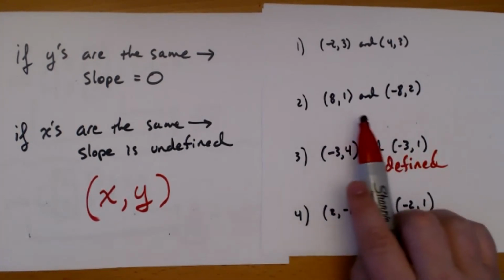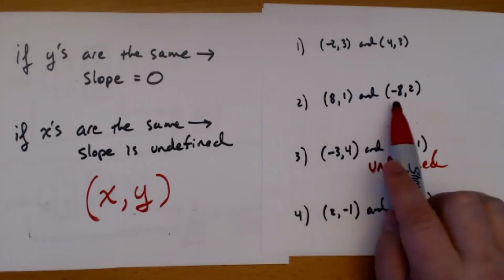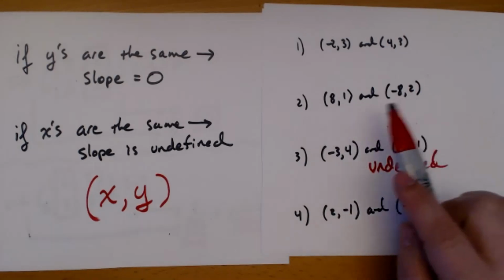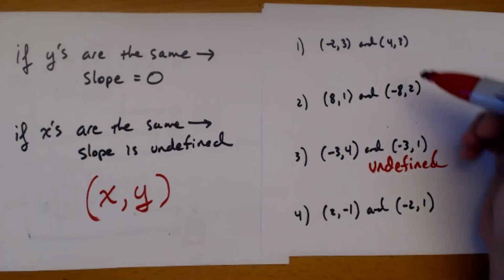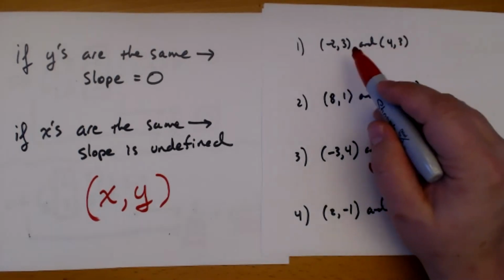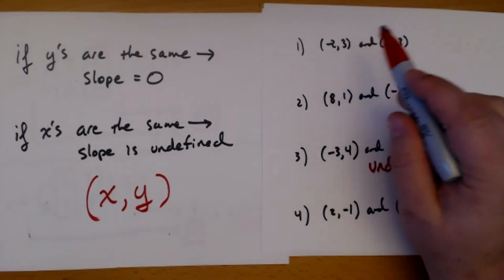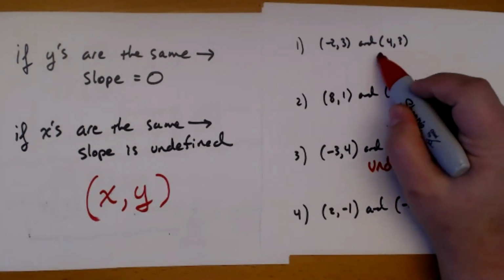Up here, well, 1 and 2, so no, but 8 and -8, those aren't the same, are they? No. So with this one, we're going to have to do the math, right? Yeah. What about this one? Here, my 3's are the same. Are those x's or y's? Y. So is this zero slope or undefined? Zero slope.